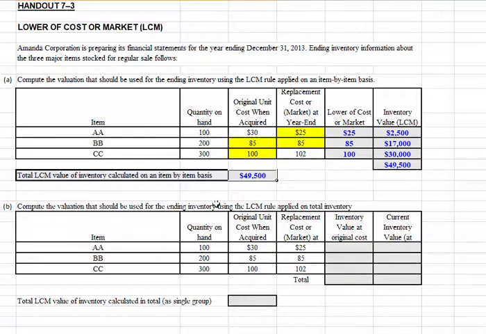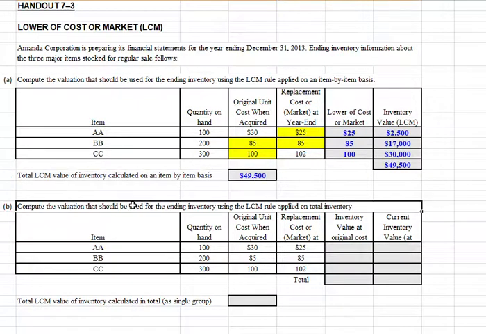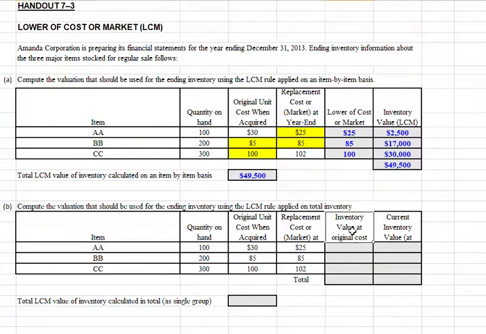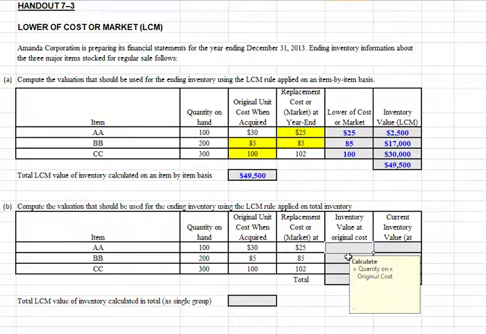When we apply it on a total inventory value basis, we need to calculate the value of each item at its original cost and calculate its current value at its replacement cost. So for item A, we've got $30 times 100 units, or $3,000.